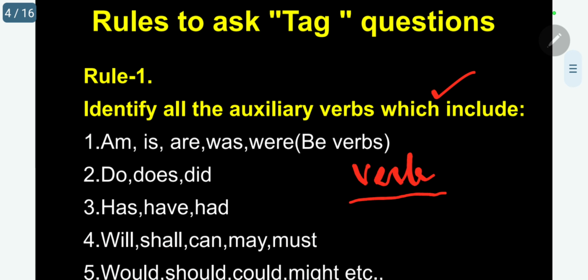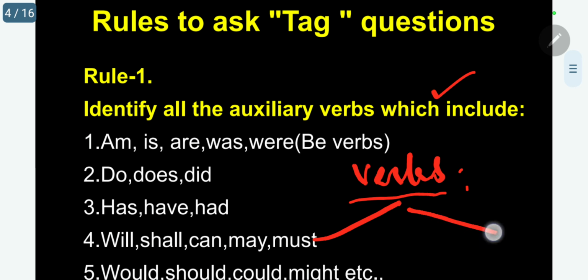Verb means, actually, without a verb there is no sentence. A sentence must contain a verb. So these verbs we can classify mainly into two types.